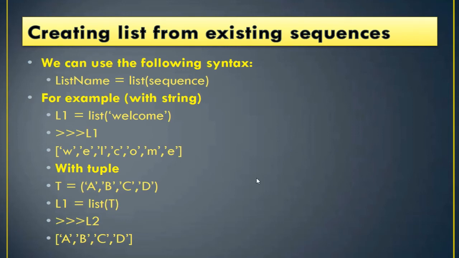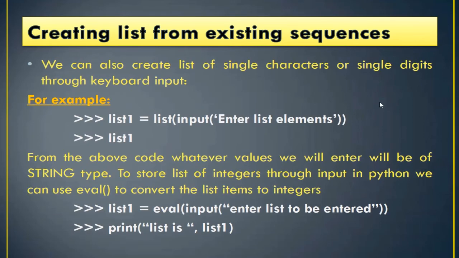Okay, next is creating list from existing sequences. We can also create a list of single characters or single digits through keyboard input. For example, list1 equal to list of input, enter list elements. From the above code, whatever values you enter will be of string type.